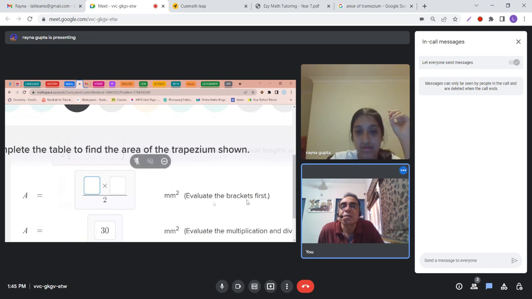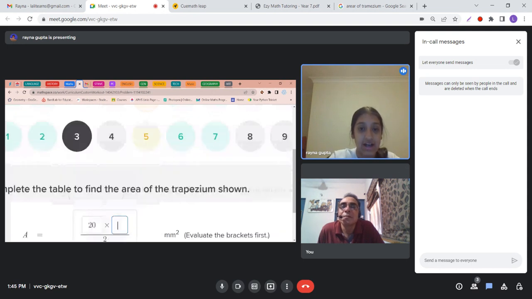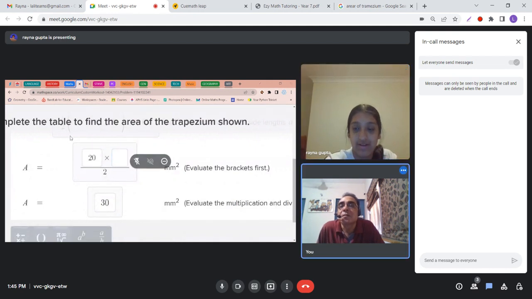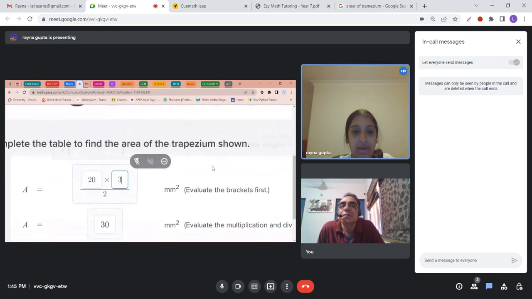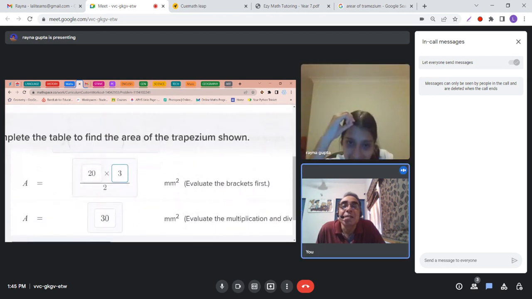Evaluate the brackets first. Yeah, so that would be 20. Then half times 6, which is 3. If you are writing 3, then you cannot write divide by 2, isn't it?